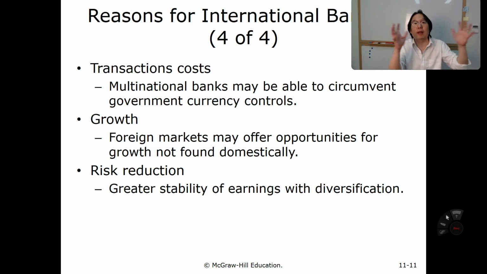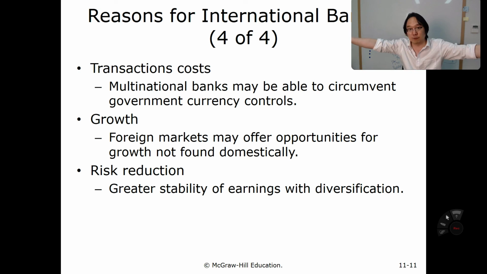Too many bank runs were happening. So let's separate these two divisions: investment banking as one company, and commercial banking as the other company. Don't touch each other. You're not the same company. That was the Glass-Steagall Act, a U.S. regulation.